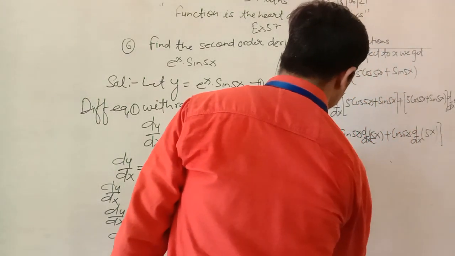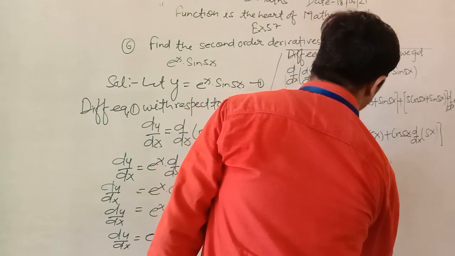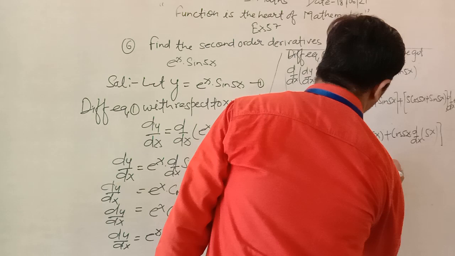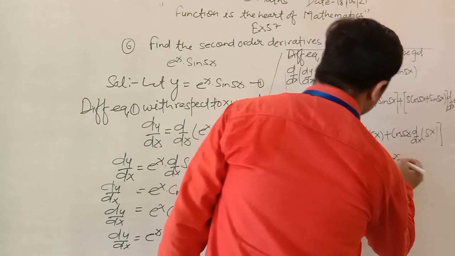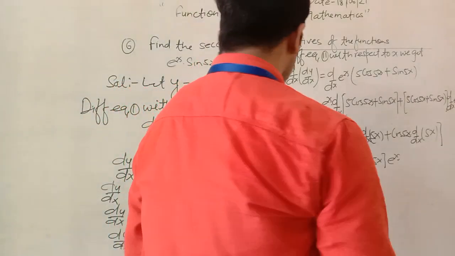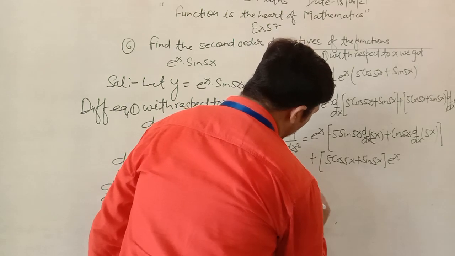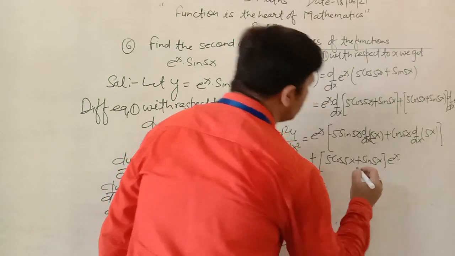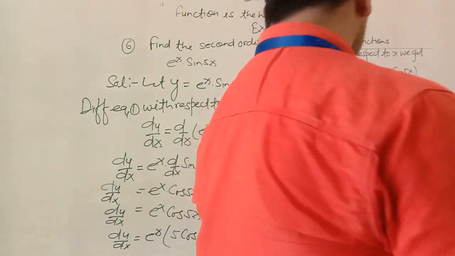Now plus 5 cos 5x plus sin 5x, and d by dx of e to the power x gives you e to the power x. Here, d2y upon dx2 is equal to e to the power x.